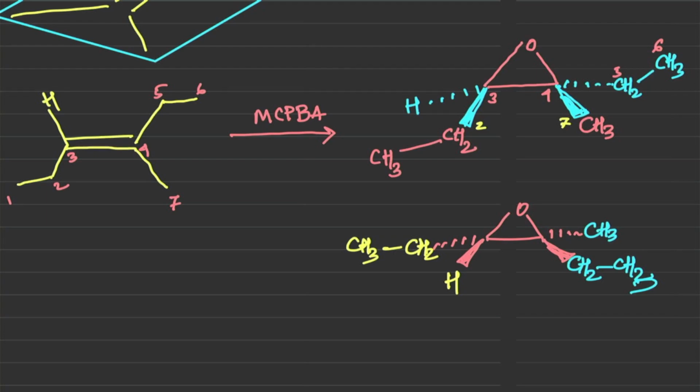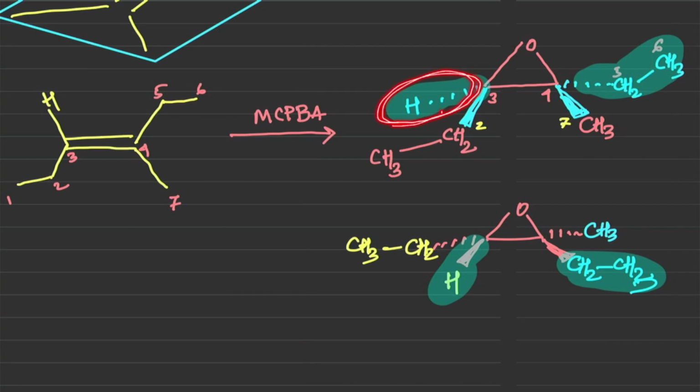So there we go. So we got our hydrogens here. Before it was dash, now it is wedge. The ethyl group, which was dash before, now it's on the wedge, but they're still on the same side. So this was dash to dash, now they're wedge to wedge. They're on the same side, but they just flipped, different stereochemistry.